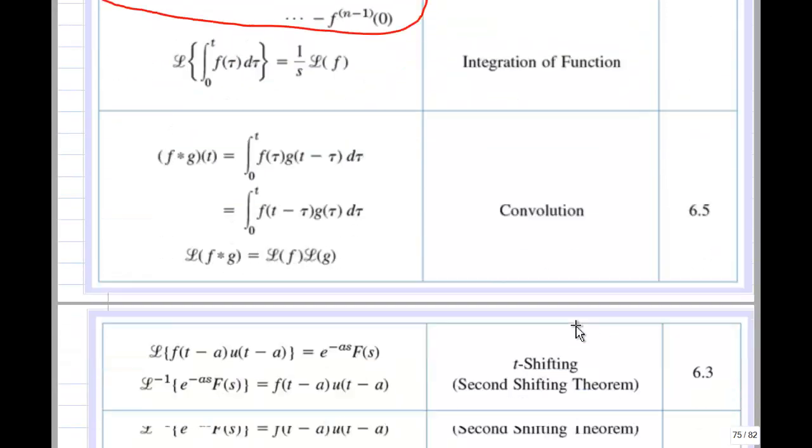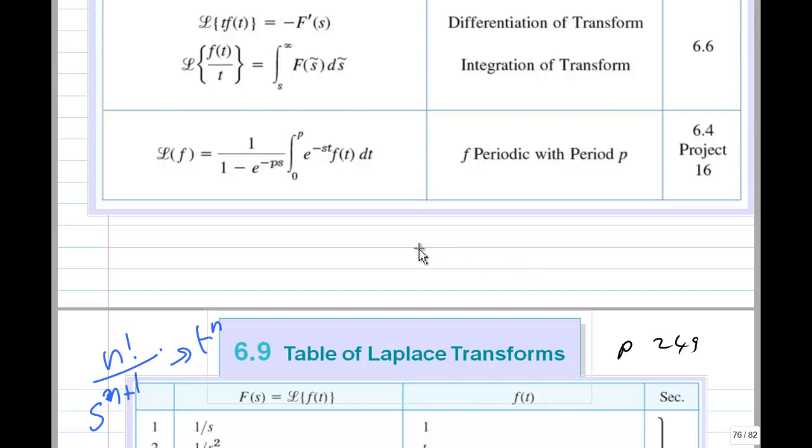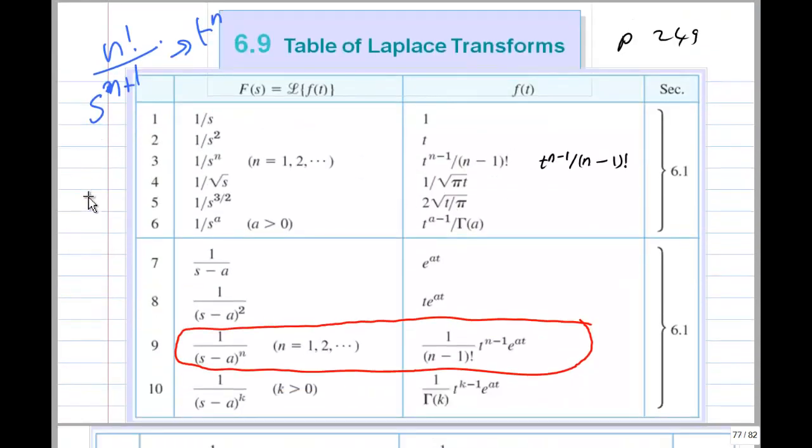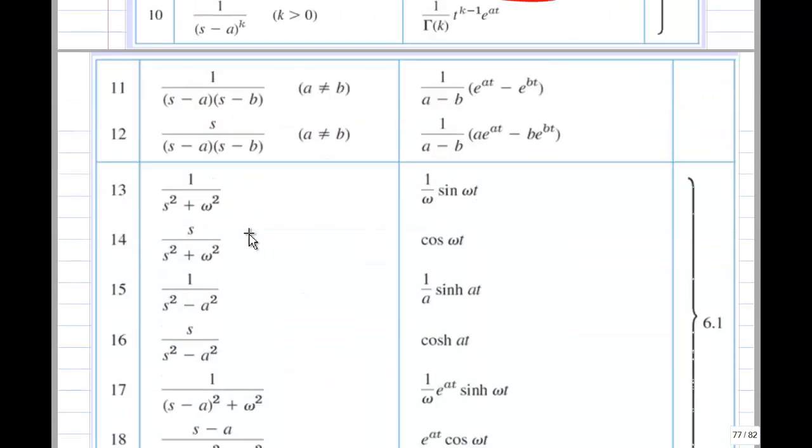Sorry, the t shift, not the s shift, or basically the second shifting theorem, right? The first shifting theorem was that when you had e to the power at, it becomes s minus a. The second shifting, if you have u of t minus a, then it becomes e to the minus as. Alright? And the multiplication and the division turned out to be differentiation and integration. Right? And then all those tables with the functions.